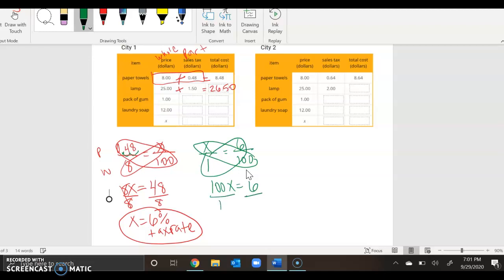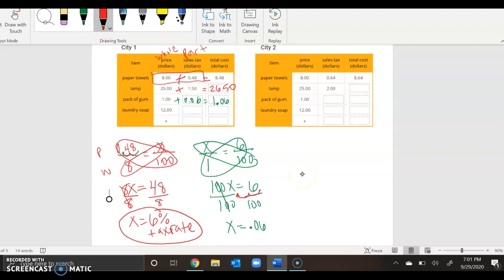We're going to divide both sides by 100. And since I'm dividing, I'm going to move my decimal 2 places to the left this time. And I will fill in my empty space with a 0. So our sales tax for the pack of gum is going to be 6 cents. So $1 plus 6 cents is just $1.06.